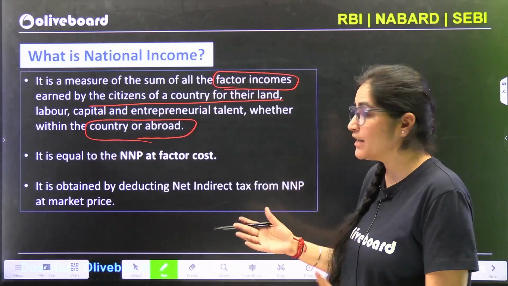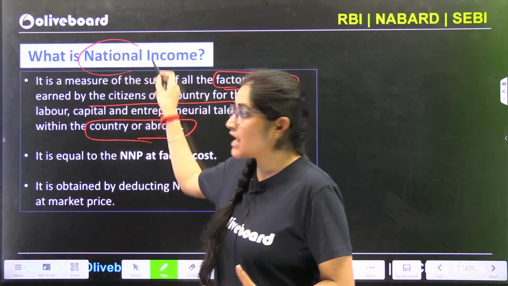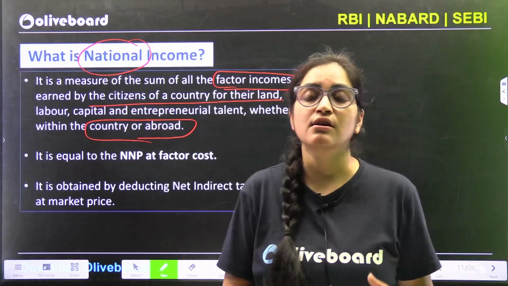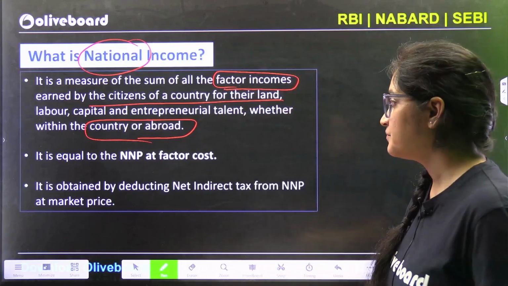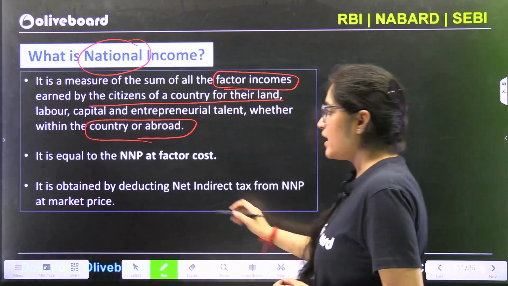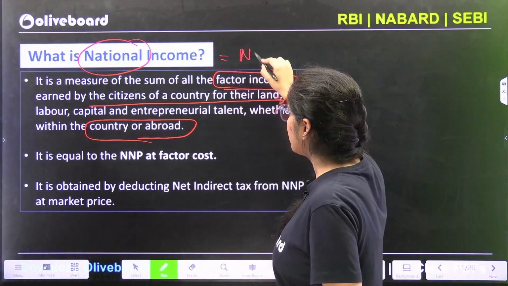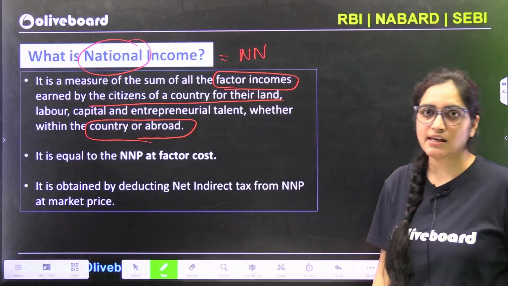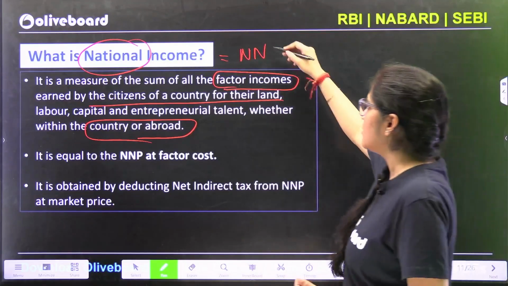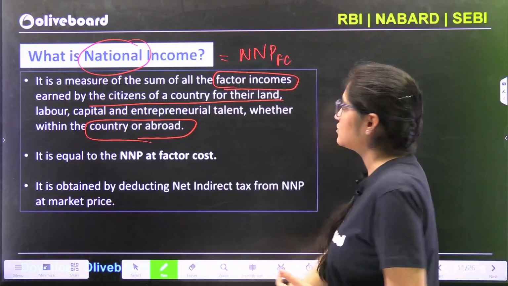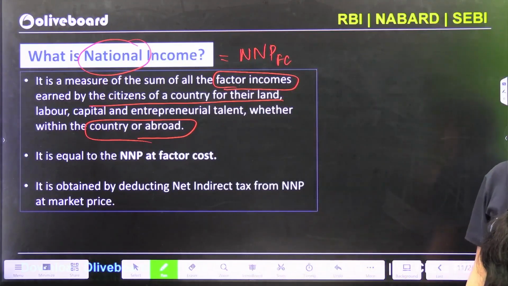Because in national income, the word is national, that is the income earned by your Indian nationals. It is equal to NNP at factor cost. So in one word, whenever somebody asks you what is national income, it is nothing but your NNP at factor cost, that is net national product at factor cost.